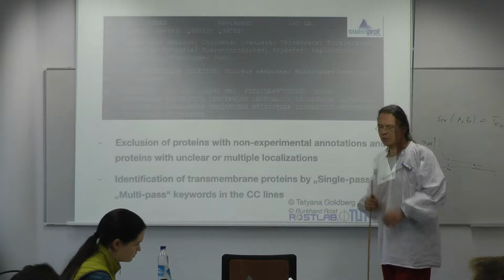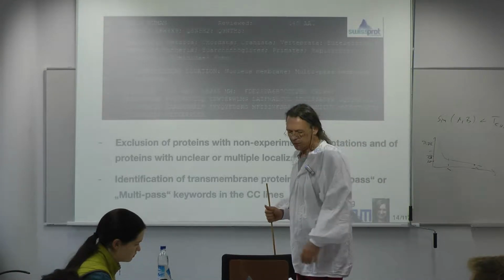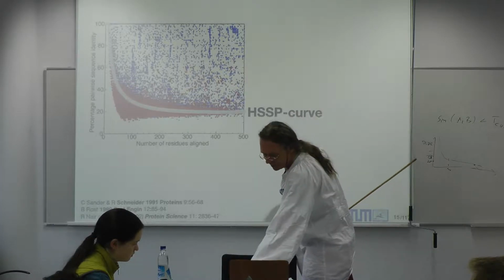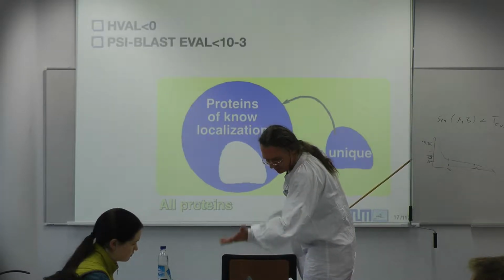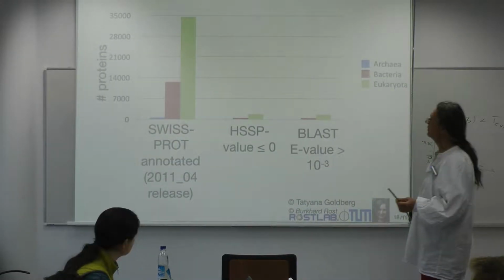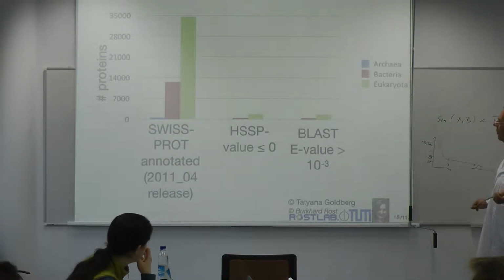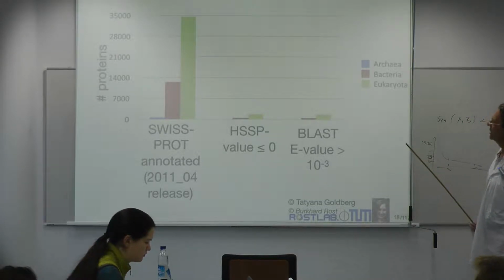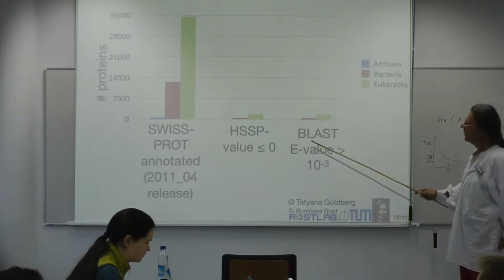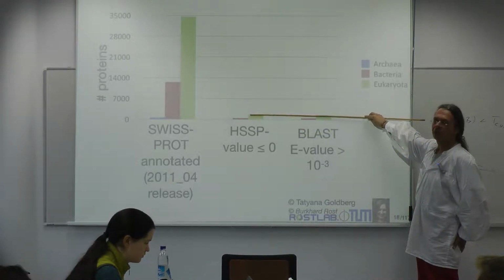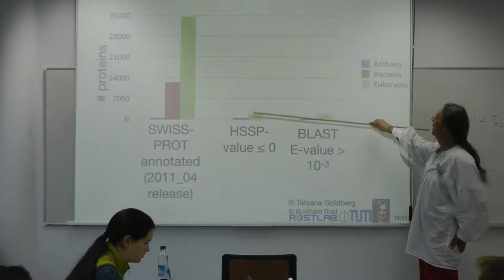Today there's actually a number coming with the evidence, and we filtered out anything that did not have an explicit mention of experimental. We reduce redundancy using the HSP threshold. Michaela said that already. We also use the 10-3 Psi-BLAST threshold. And then ultimately what we see in terms of reduction, and what I show here are the original numbers, then at different thresholds reduced down to numbers, and that is the 1600 that I showed you before for eukaryotes in green.